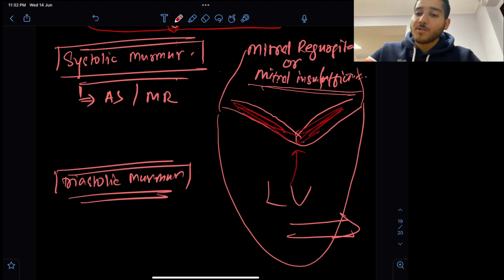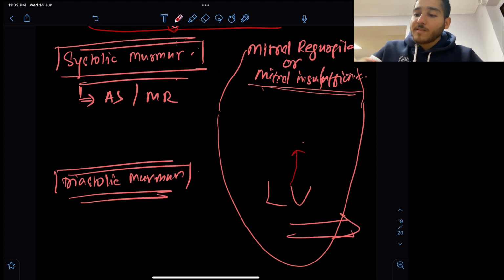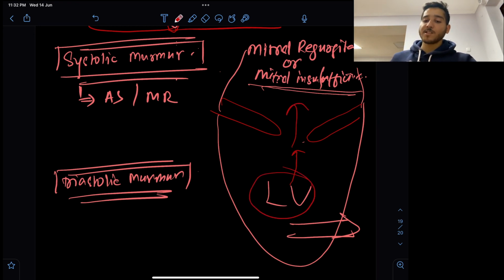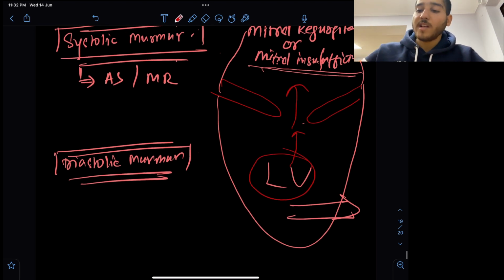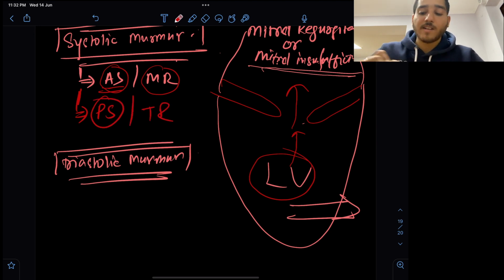If there's some problem with these mitral valve cusps, if they are not properly closed, blood will go up during ventricular contraction and this will produce a systolic murmur. So on the left side we can get systolic murmur in case of aortic stenosis and in the case of mitral regurgitation. On the right side we can get it in the case of pulmonary stenosis and tricuspid regurgitation.